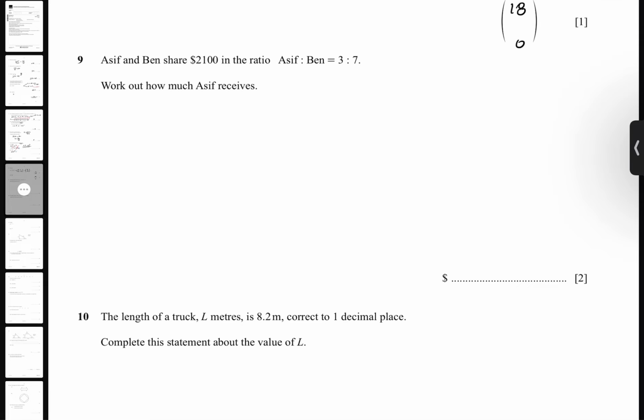Question number 9 says, Asif and Ben share $2,100 in the ratio of 3 to 7. And work out how much Asif receives. Now, this question is something you have to kind of use the analytical skills you learned about in algebra.